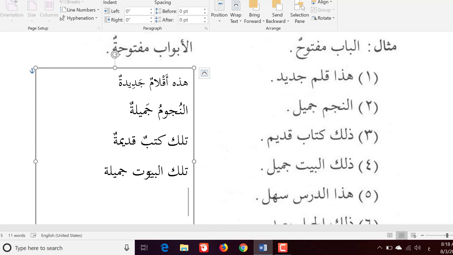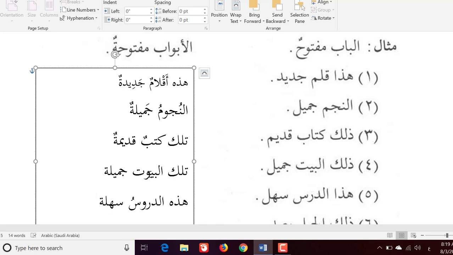If it's specific, it's specific. If it's general, it's general, and such. So we would say here هذه الدروس سهلة. Okay, these lessons are easy. Not these are easy lessons.